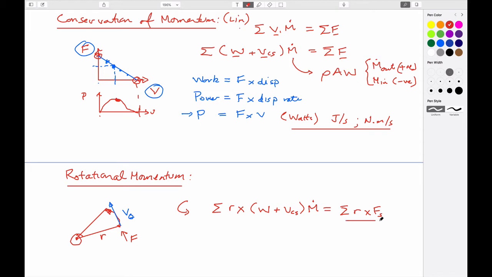And this term here, of course, is the torque. Force times length is basically a lever arm. And this component here is really the static velocity, or the velocity of the head relative to, or the fluid relative to the static observer. And so these are the components that we need to be able to rationalize.